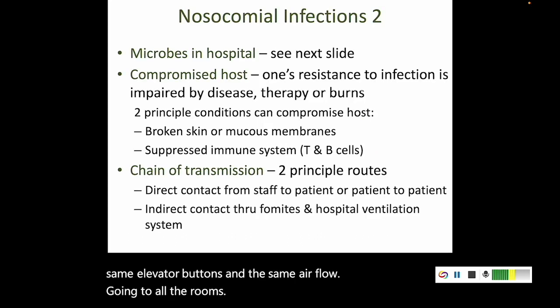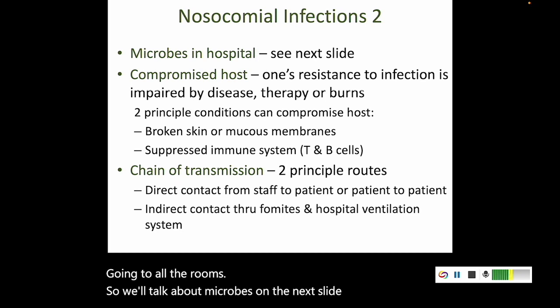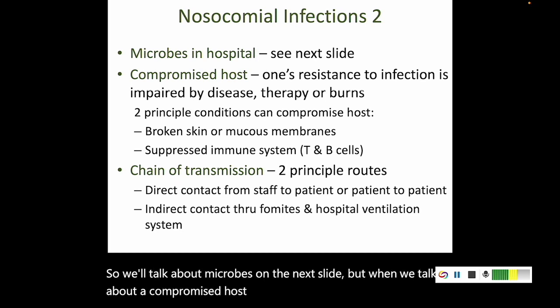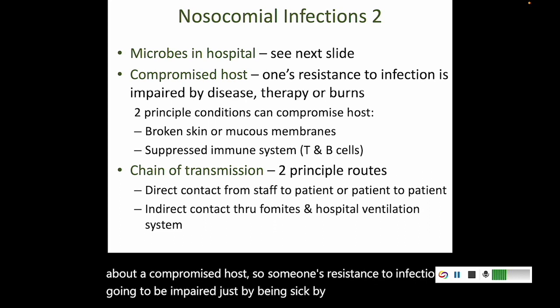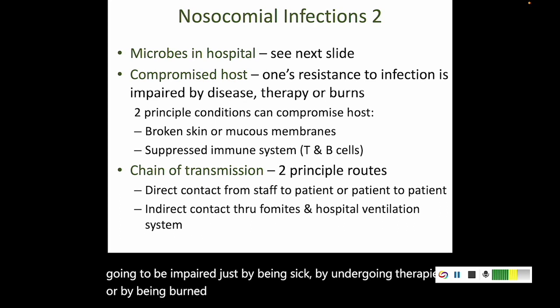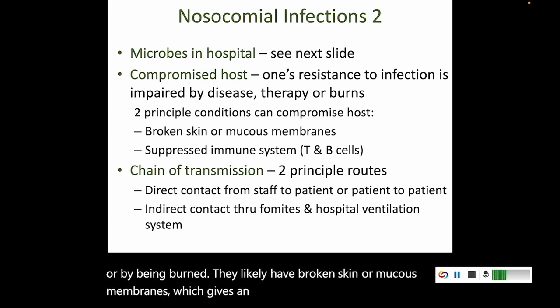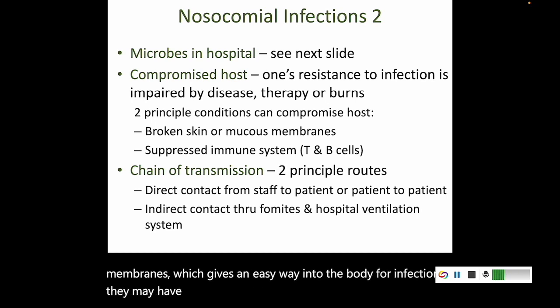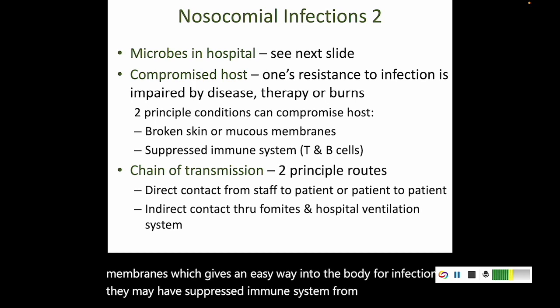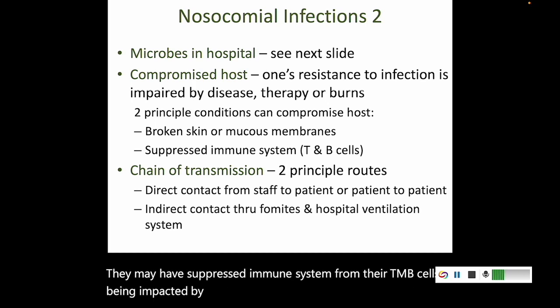So we'll talk about microbes on the next slide. But when we talk about a compromised host, someone's resistance to infection is going to be impaired just by being sick, by undergoing therapy, or by being burned. They likely have broken skin or mucous membranes, which gives an easy way into the body for infections. They may have a suppressed immune system from their T and B cells being impacted by therapy.